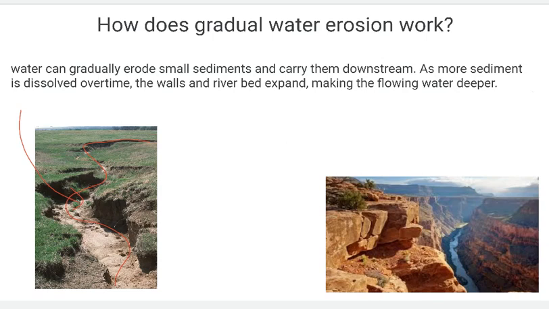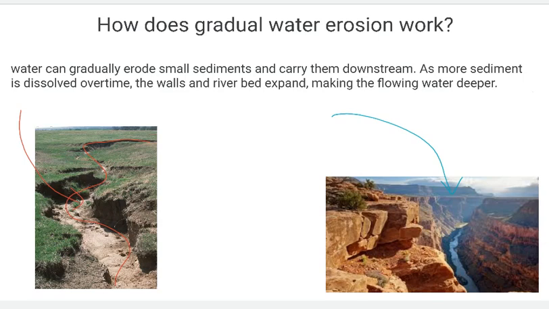And so as they break down over time, eventually these small riverbeds or gullies can form into large canyons, as we see on the right. Now, we talk about things like the Grand Canyon in the United States.